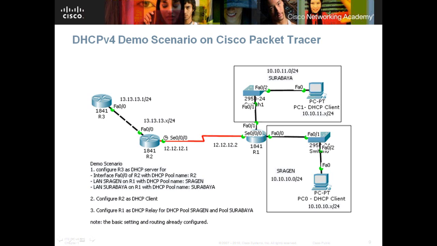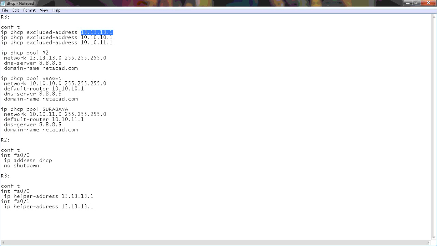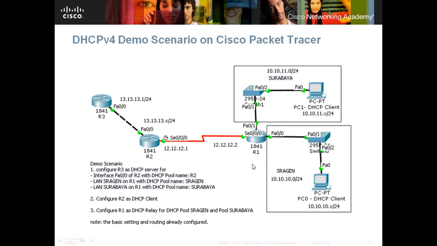Then we also exclude 10.10.10.1 and 10.10.11.1, because we already assigned these to R1 FA01 and FA02. So we need to exclude these 3 addresses from the DHCP.